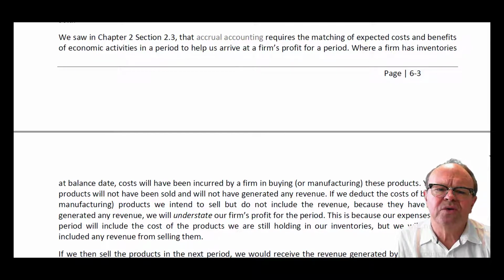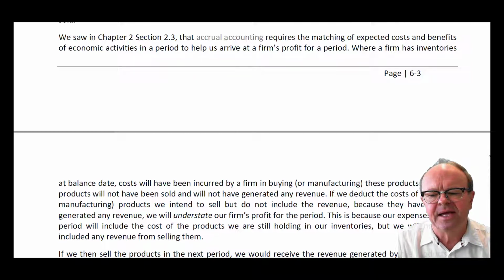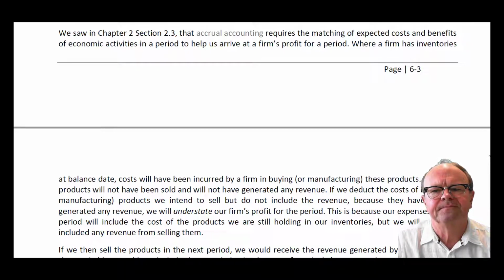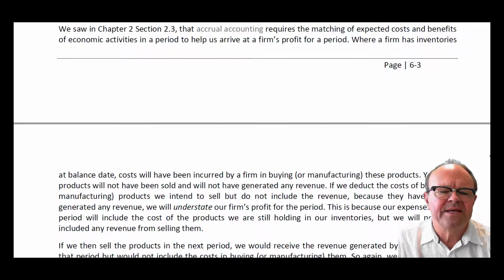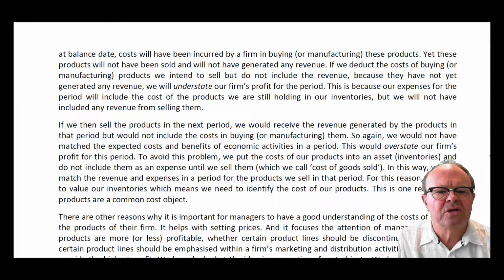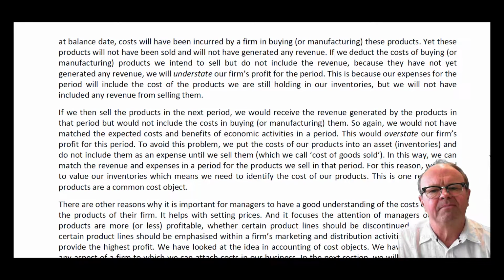We saw in Chapter 2, Section 2.3, that accrual accounting requires the matching of expected costs and benefits of economic activities in a period to help us arrive at a firm's profit for a period. Where a firm has inventories at balance date, costs will have been incurred by a firm in buying or manufacturing these products.